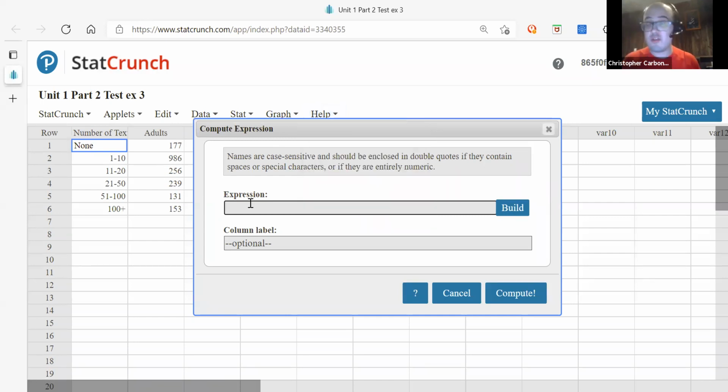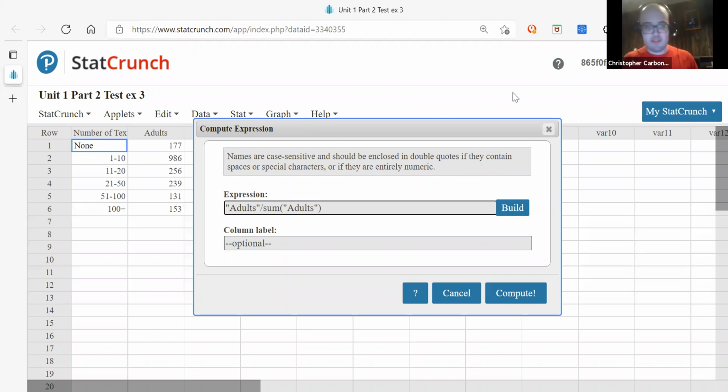Since we're talking about the adults column, we need to enclose the word Adults, with a capital A, in quotation marks. Why? Because we're talking about the column, and we need to name it exactly the way it is on this StatCrunch spreadsheet. And we're going to divide this by the sum of this adults column.